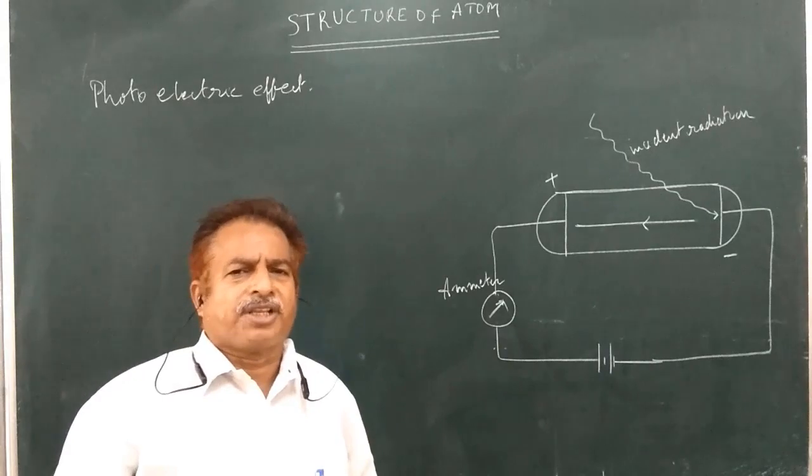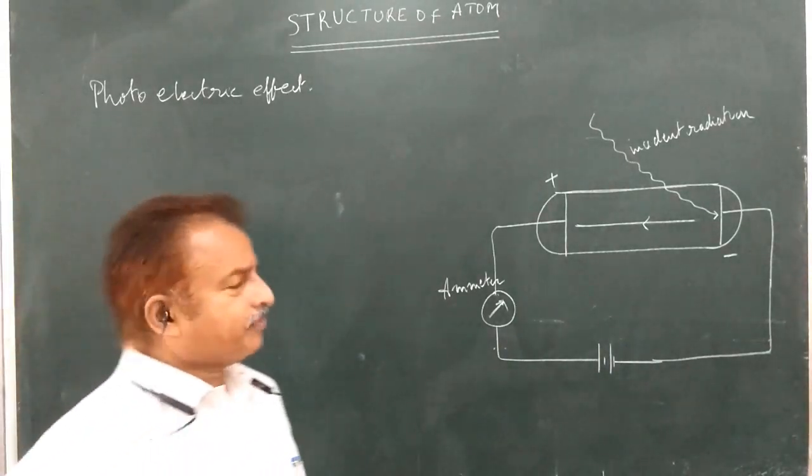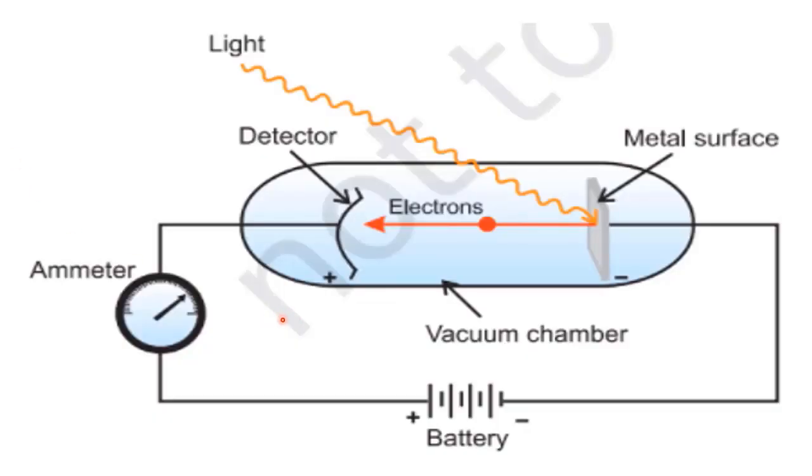Now let us discuss the photoelectric effect. In the diagram shown here, in a vacuum chamber, two metallic plates are arranged on either side and connected to the terminals of a battery in which an ammeter is connected. A beam of light strikes the cathode metal surface. Immediately, electrons are produced without any time lag, and these electrons travel towards the anode, and the deflection is shown in the ammeter.